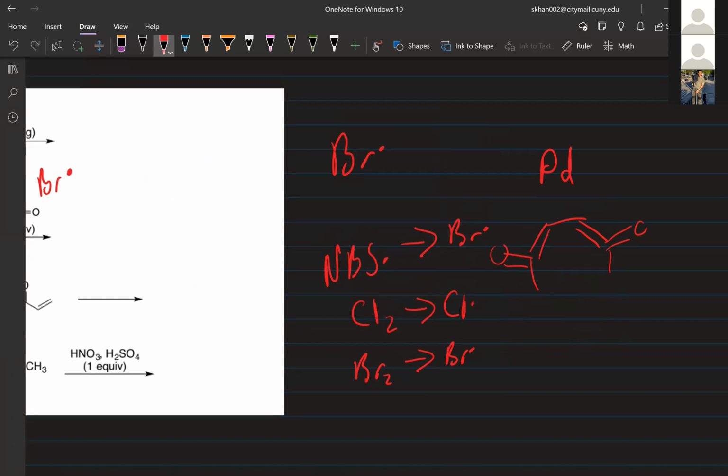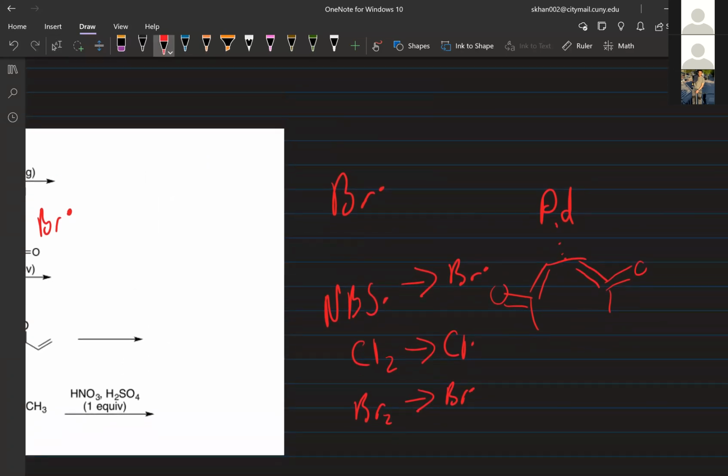I'm just drawing a structure here. Maybe the structure's wrong, but either way, it's coordinated with different groups to give it a different coordination number, an amount of electrons, something called the 18 electron rule.